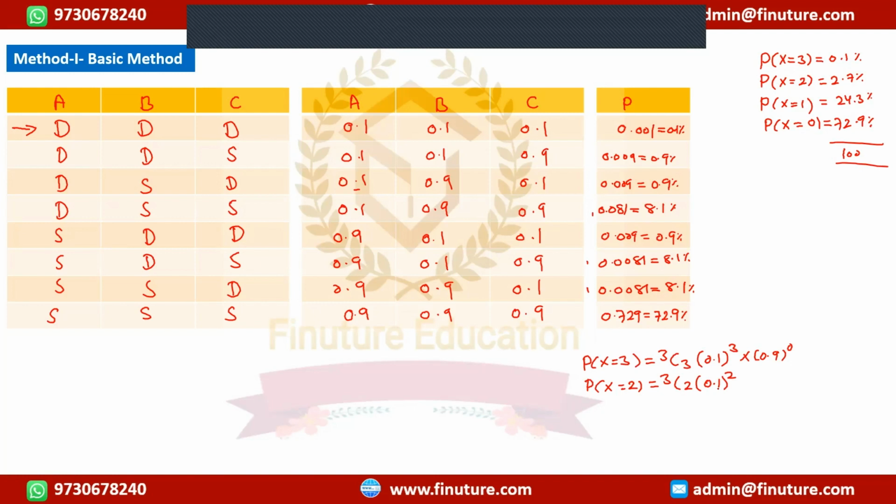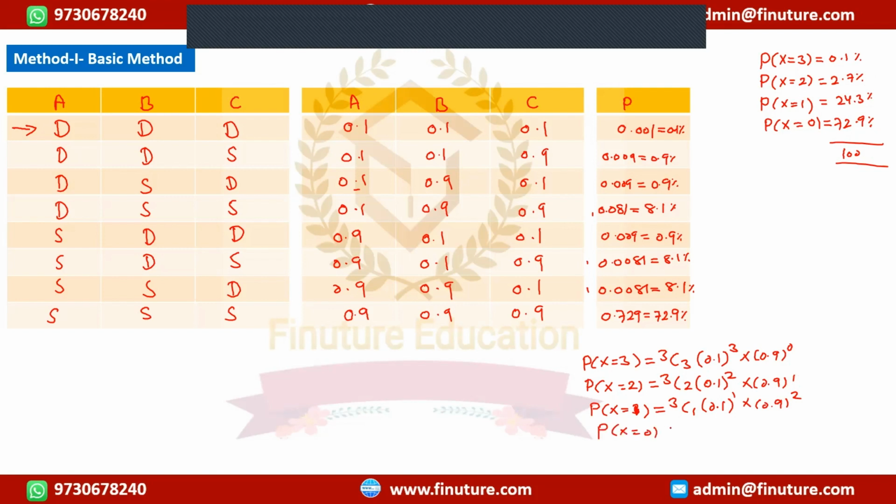So default probability is 10%, 2 bonds defaulting, 1 surviving. You should get 2.7. It's homework. You can do this. For x equal to 1, 3C1, 0.1 to the power 1 defaulting, 2 surviving, 0.9 to the power 2.